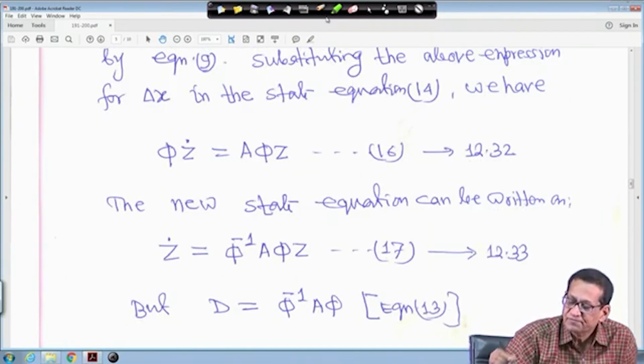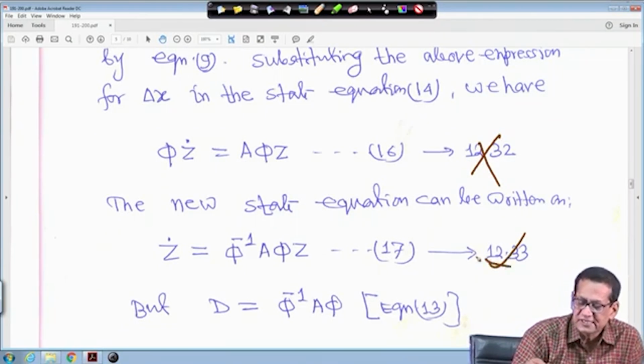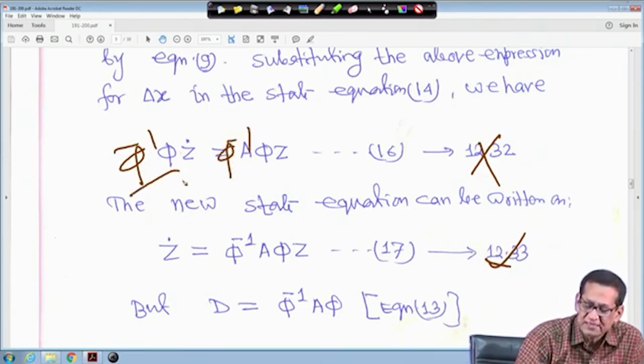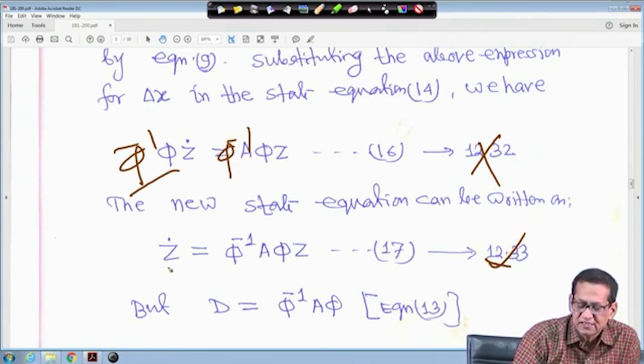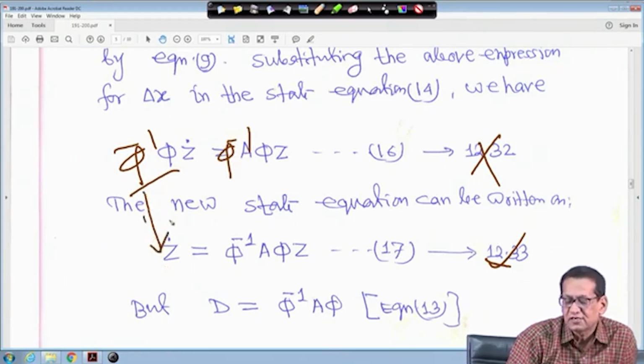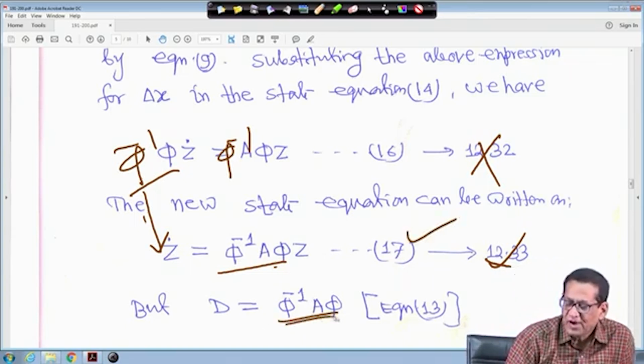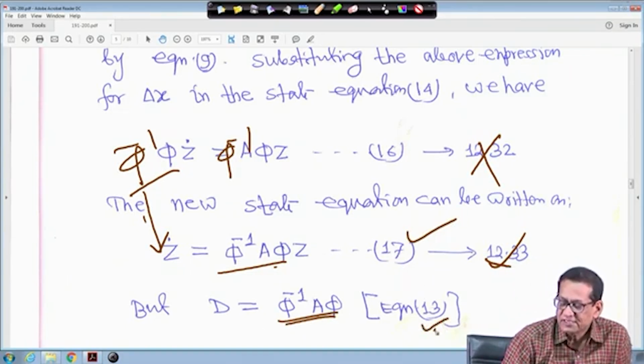If you multiply both sides by phi inverse, phi inverse phi is equal to the identity matrix. So, on the left hand side it is z dot is equal to phi inverse A phi z, this is equation 17. But earlier we have seen that D is equal to phi inverse A phi, this is from equation 13.